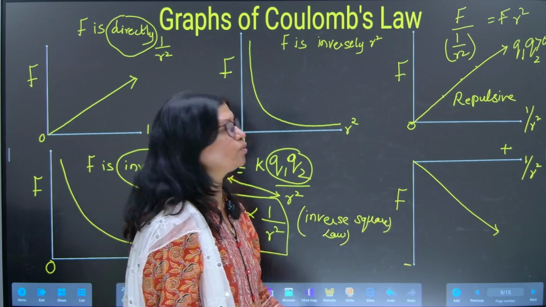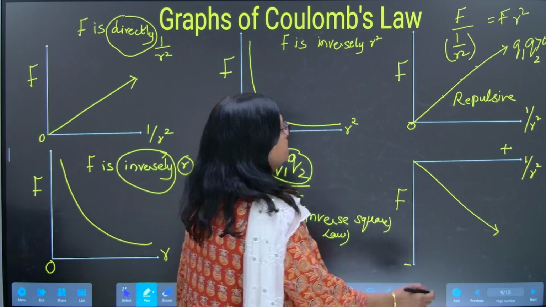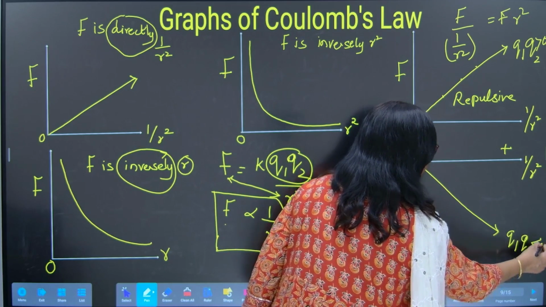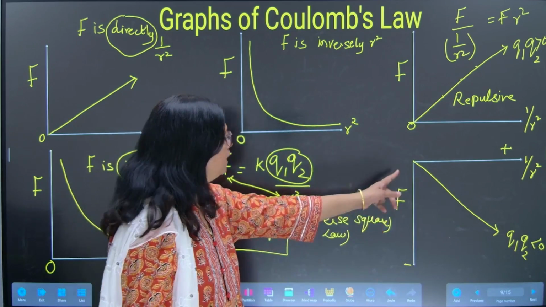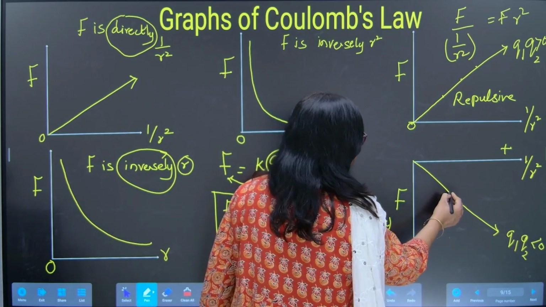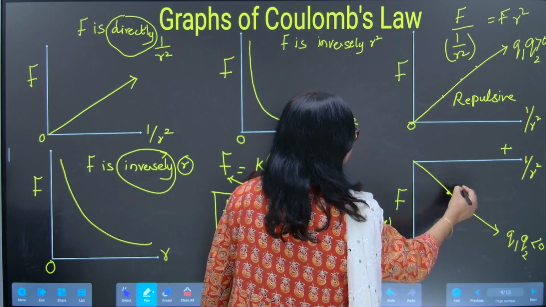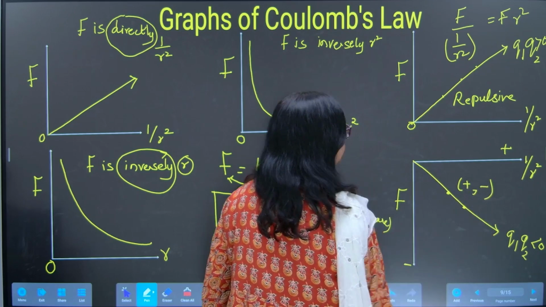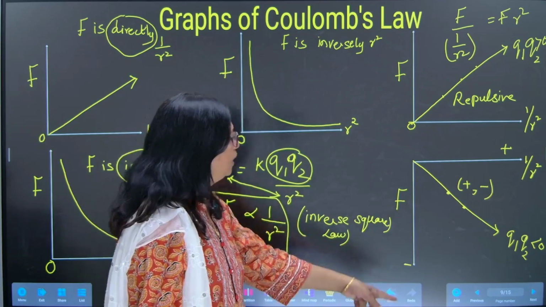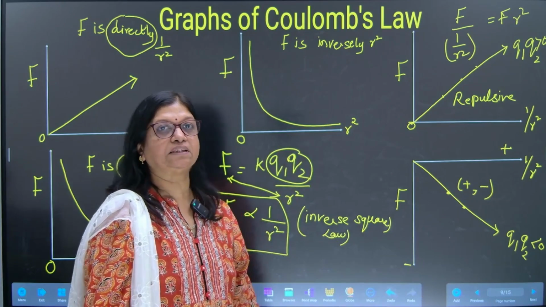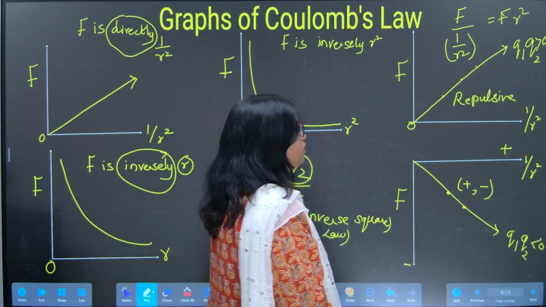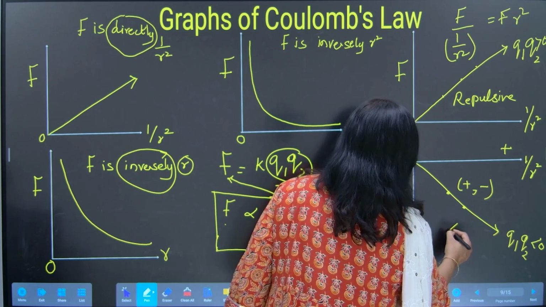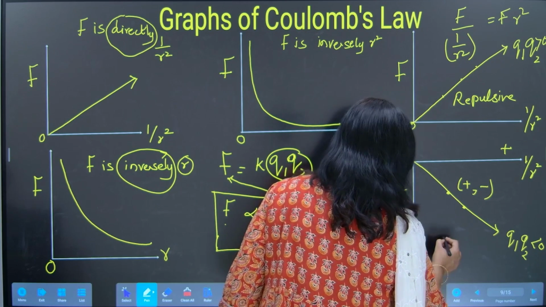But what does this quadrant tell me? q1 q2 is definitely less than 0, because every point on this graph will have x-axis coordinate positive and y-axis coordinate negative. It means that one charge is positive, another charge is negative. So this line indicates which force? Attractive force.